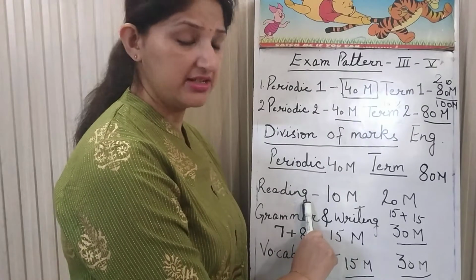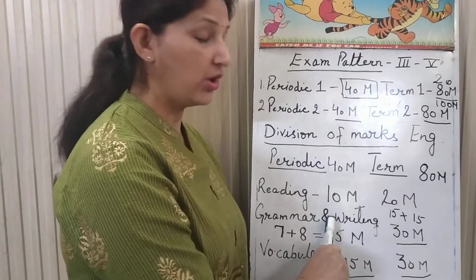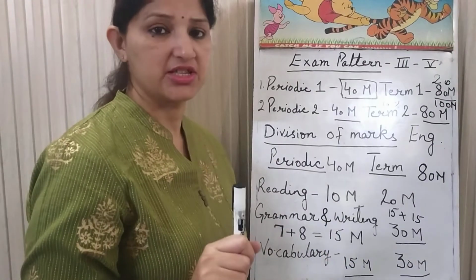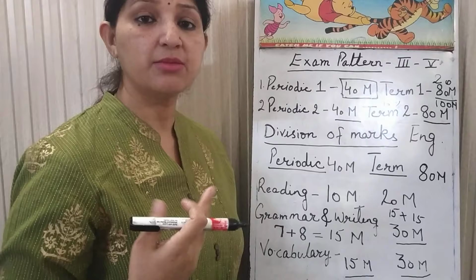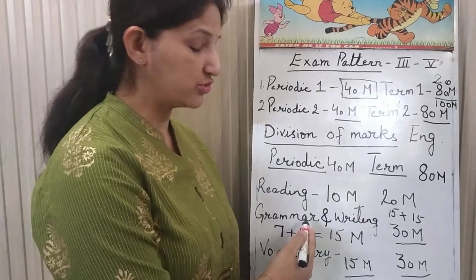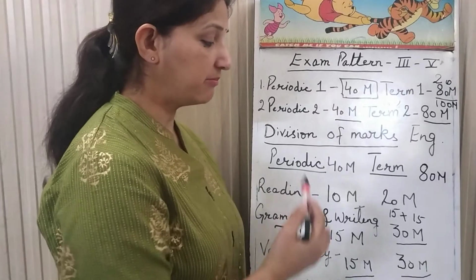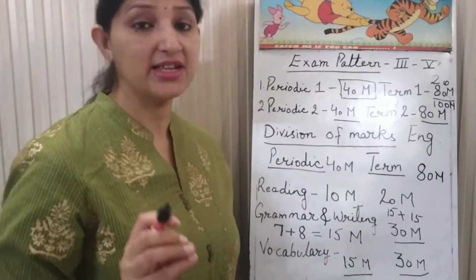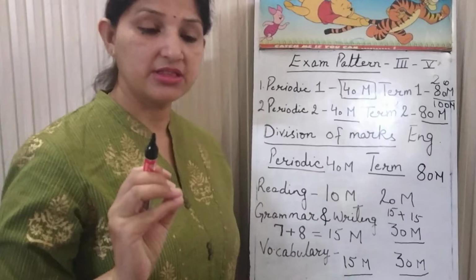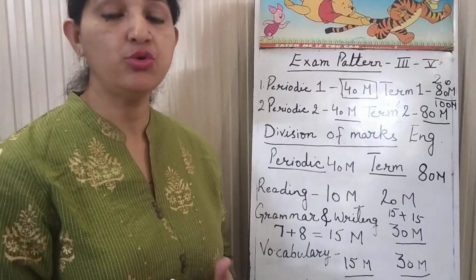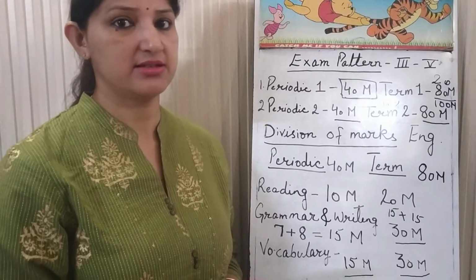First of all, reading and writing, where he needs to be perfect, and this comes only with practice. And the grammar also. Grammar will also come with the help of practice only. And be sure that the child will get good marks. And it is very important that you help him or her to practice it.